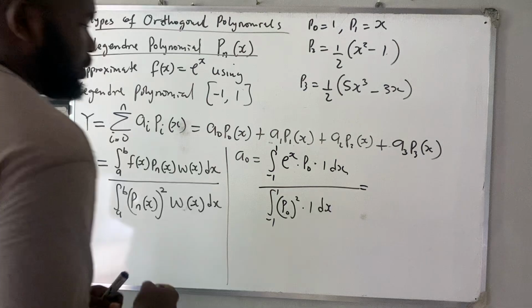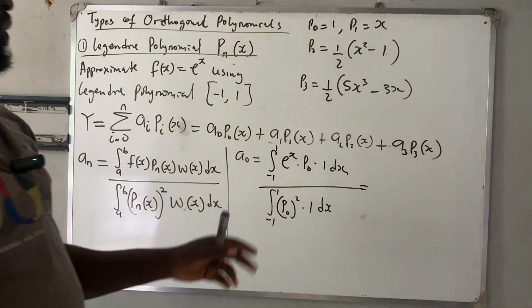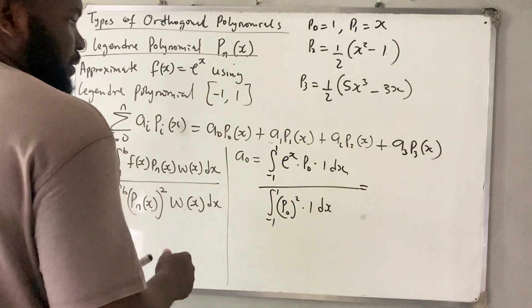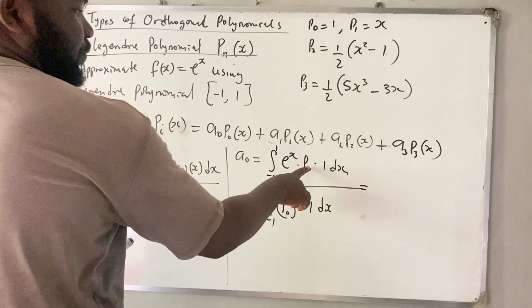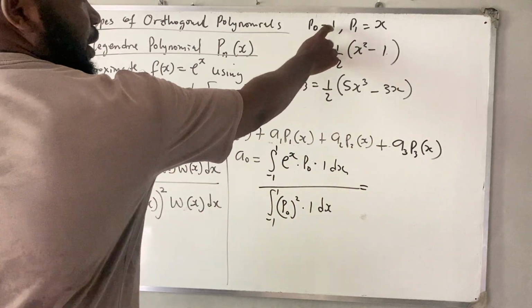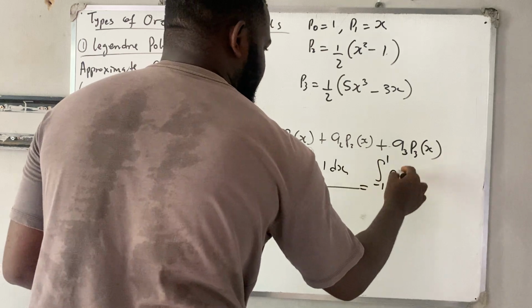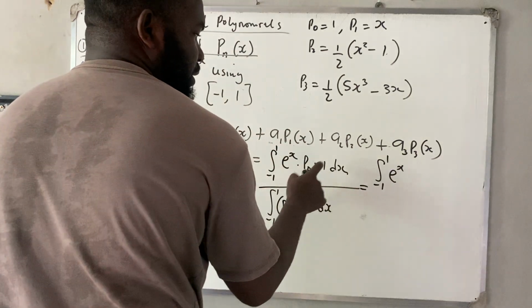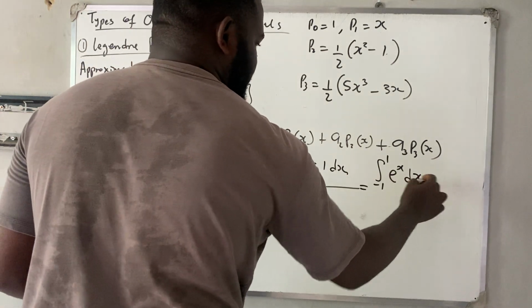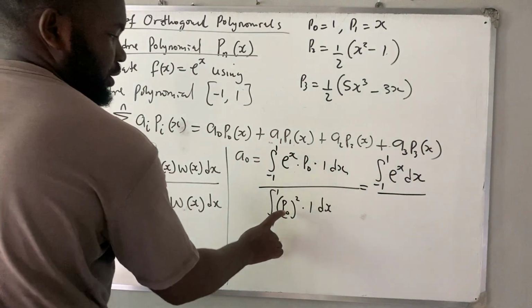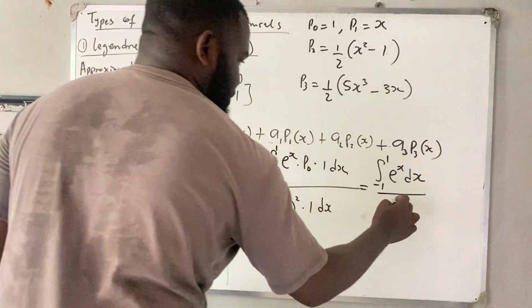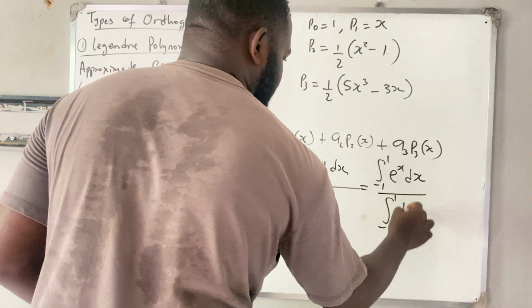So if you do this, this is exponential x here. P naught of x is 1. We got it. So this is now the integral from -1 to 1 of exponential x. This is 1. This is 1. So I'm left with just the exponential x here, all over 1 squared, which is 1. So I'm just left with the integral from -1 to 1 of exponential x.